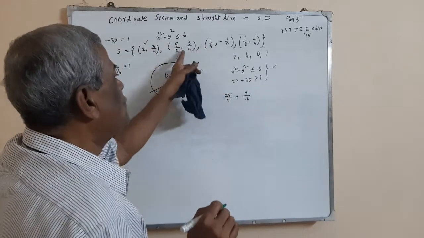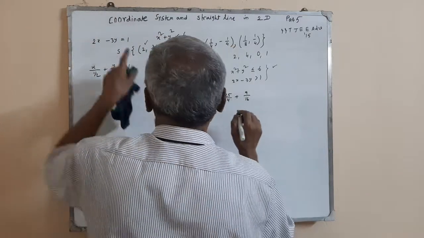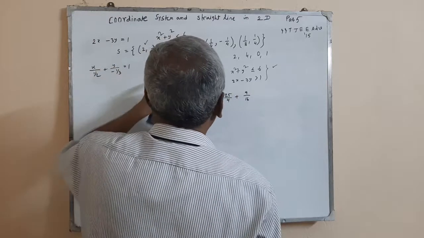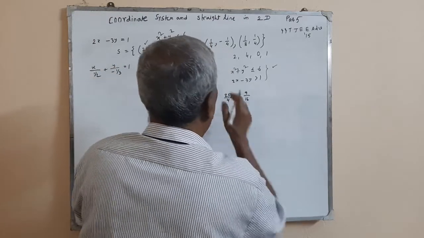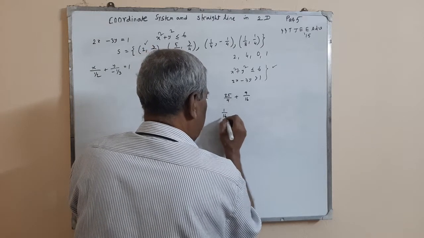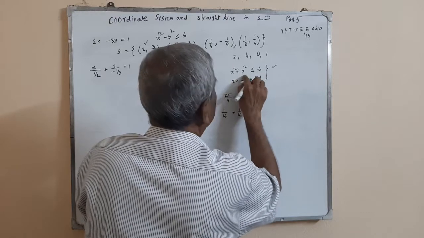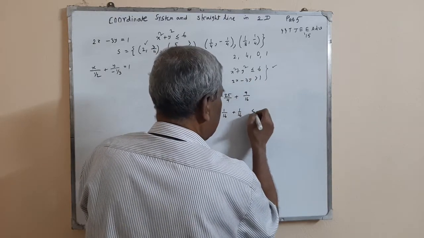So it is not within that. So no need of verifying for the other condition. Next, consider this, 1 by 4 and minus 1 by 4. It is 1 by 16 plus 1 by 16. It is less than 6.